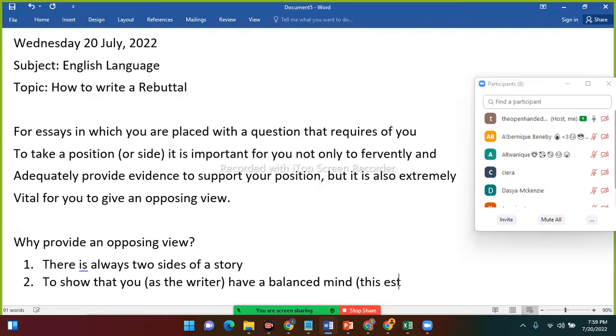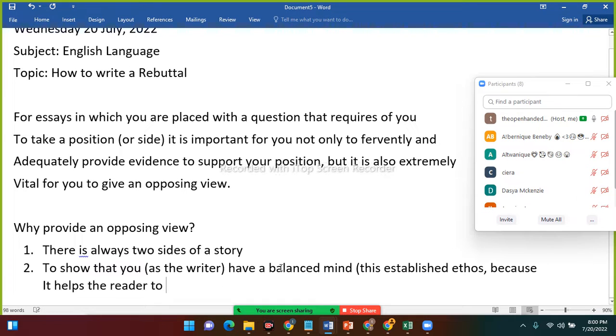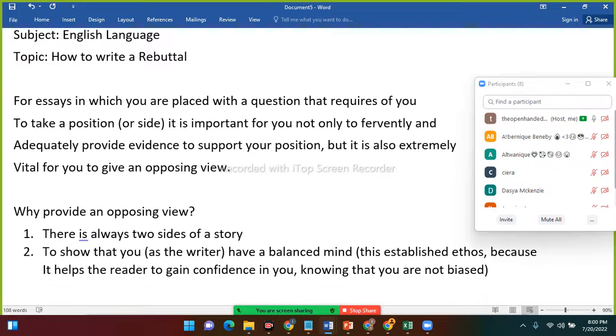This establishes ethos, because it helps the reader to gain confidence in you, knowing that you are not biased, right?